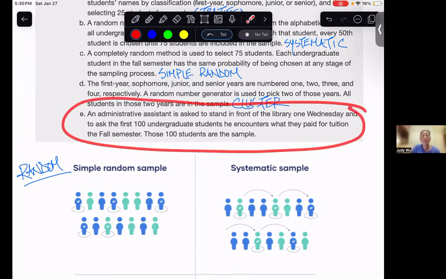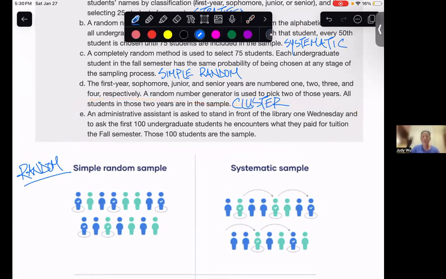An administrative assistant is asked to stand in front of the library one Wednesday and to ask the first 100 undergraduate students he encounters what they pay for tuition the fall semester. Those 100 students are the sample, right? And so this is sort of similar to that case where I say like, oh, make a survey and you just go out and ask your 10 best friends, right?